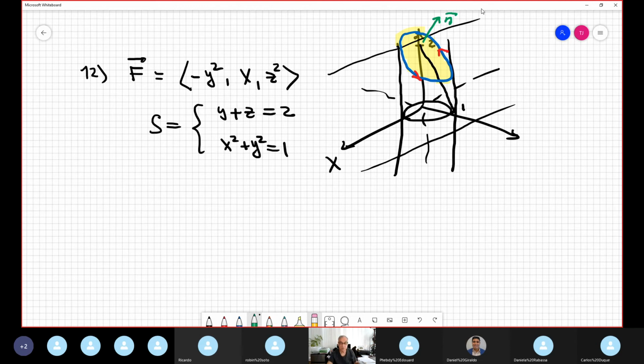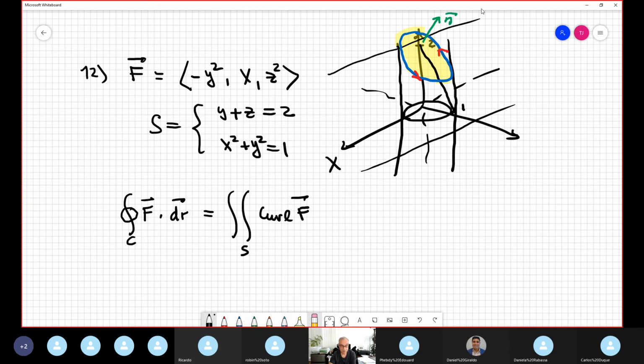Under this supposition, Stokes theorem says that the integral over the closed curve C of F dot dr is equal to the surface integral of the curl of F dot the normal vector. I want to compare it that way, so I need to find the parameterization of the curve using one parameter.